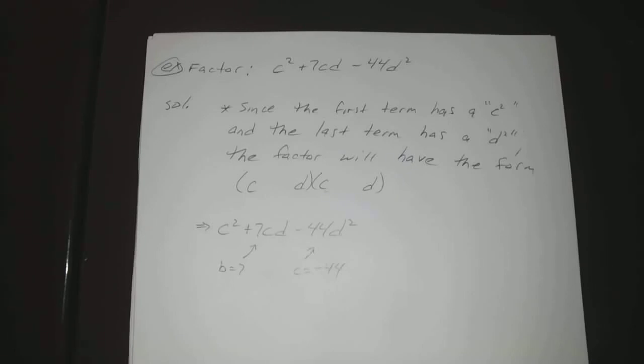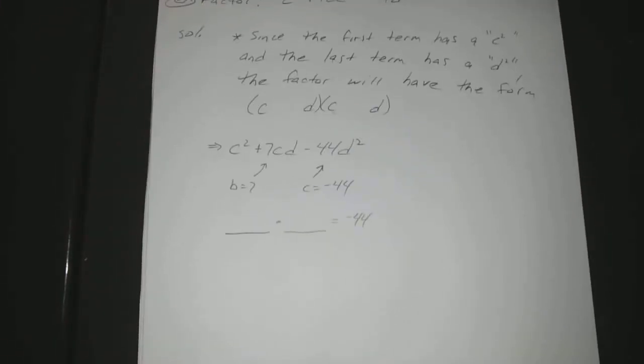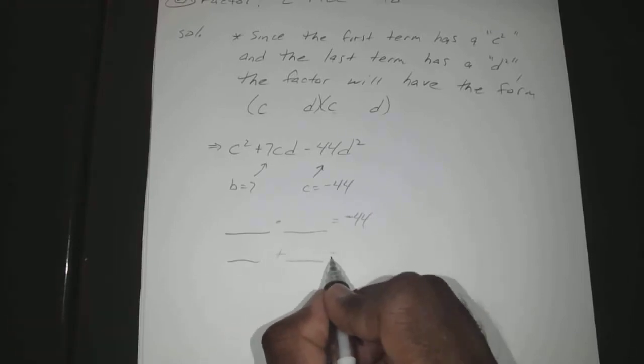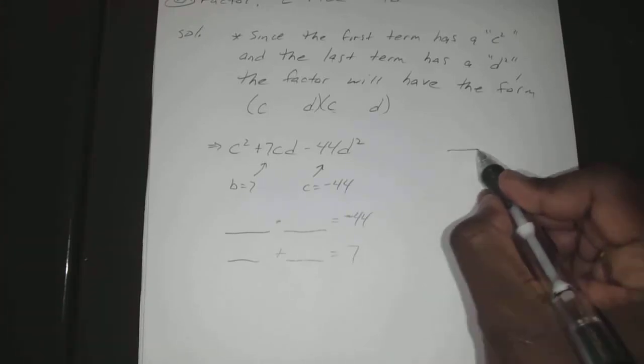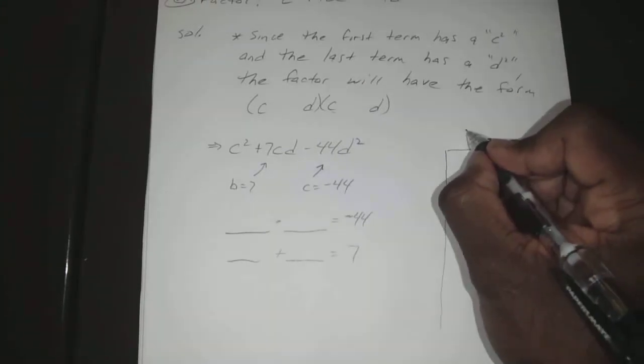Okay, so we have to find two numbers that multiply to equal negative 44, and those same two numbers have to add to equal 7. And again, if the number doesn't jump right out at you, it's pretty normal. That's when you go for your factors of c.